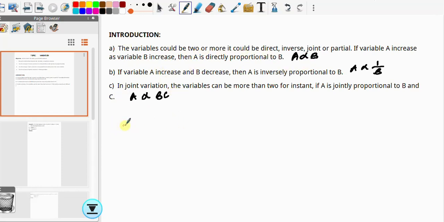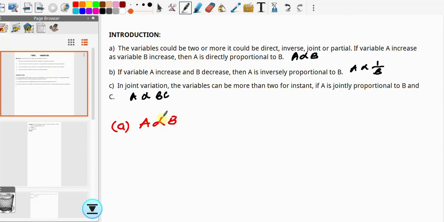Let's see the first one, which is A. A is directly proportional to B. It will come this way for this statement. But this alpha sign, what are you going to do with it?